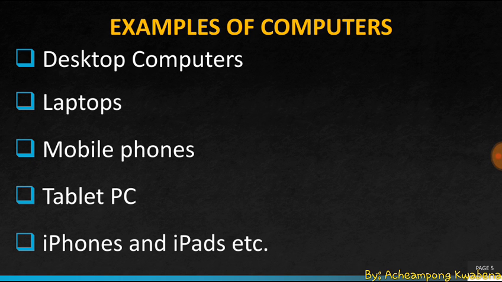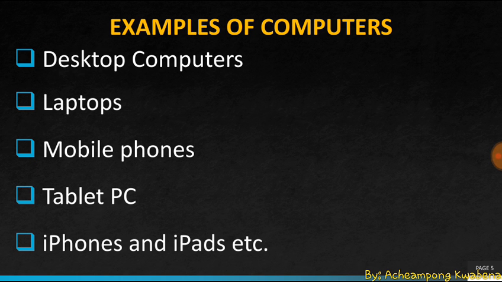We have mobile phones. Mobile phones are also examples of computers. The next one, we have tablet PC. So tablets that we use in our homes or are being used by our parents are also examples of computers. We have iPhones, iPads, and so on.